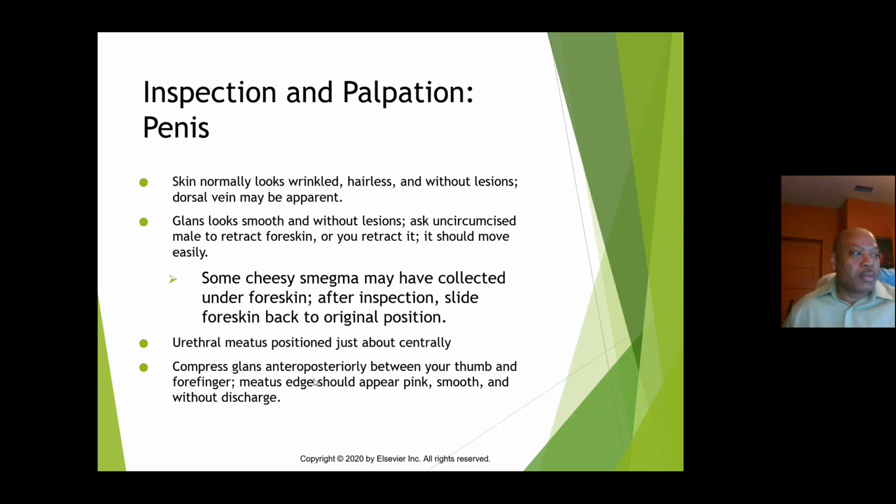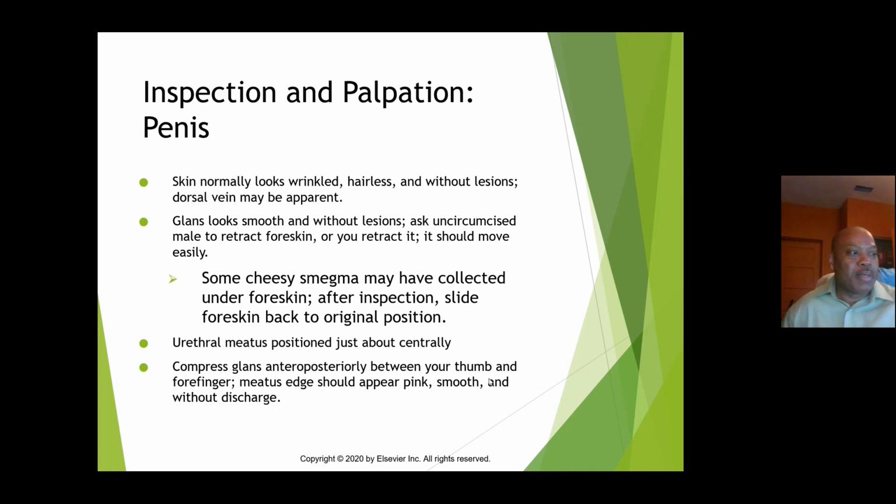As far as the urethral meatus, it should be positioned centrally, right? When you think about the picture that I would have shown you earlier, sometimes the urethra may be below or above instead of central. Hopefully I'll be able to show you that in class. We also want to compress anterior-posteriorly between the thumb and forefinger.